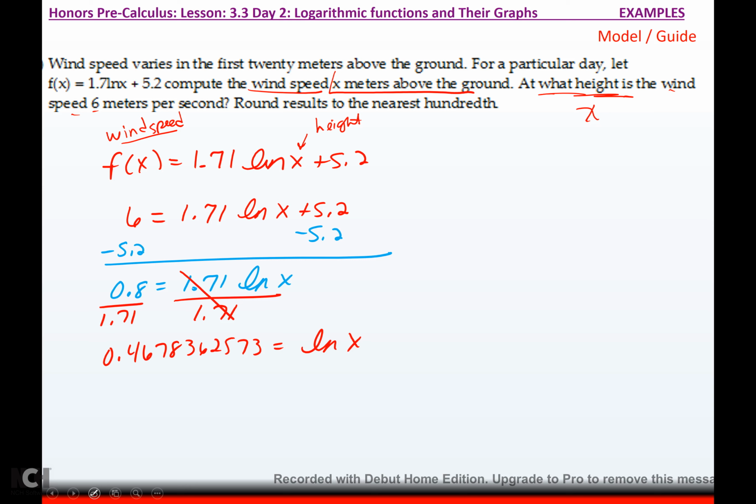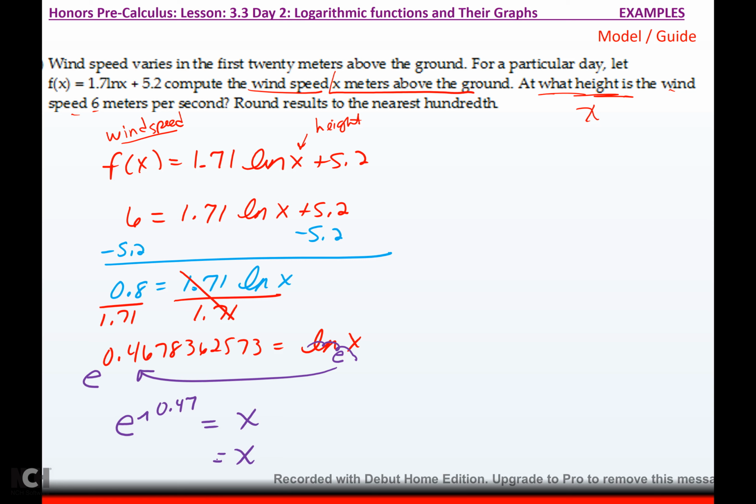Now, to solve this, we're going to use our properties from yesterday. I want to get the natural log away, so you're going to roll it. But remember, the base is e. So the natural log rolls, and e moves over. When the log rolls over, the base moves over. So I have e caret 0.47 equals x.